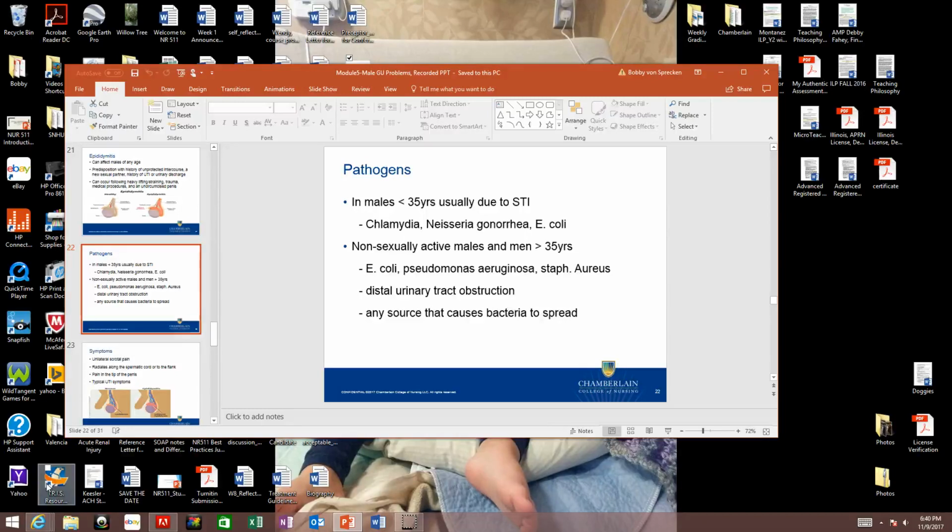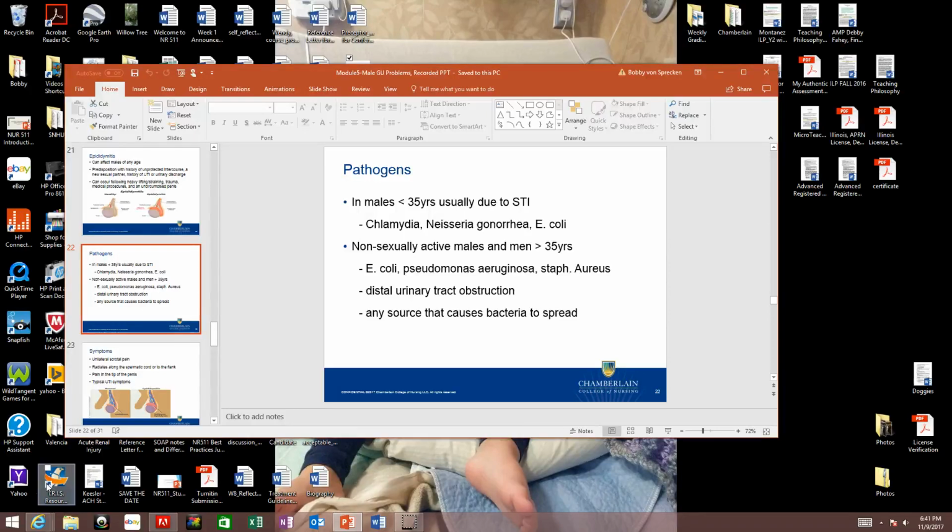Causes of epididymitis in males younger than 35 years are usually due to sexually transmitted infections such as gonorrhea and chlamydia. Chlamydia is responsible for approximately 2/3 of acute cases, followed by gonorrhea and E. coli.